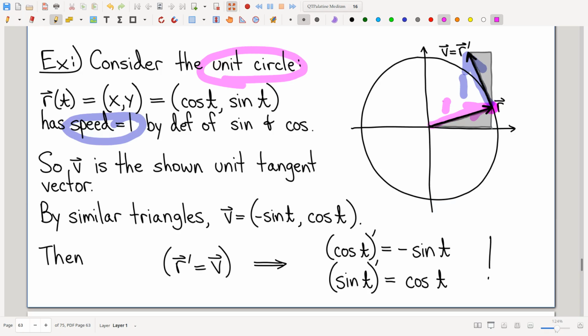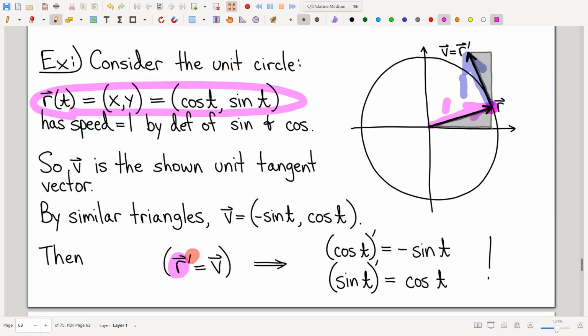Okay. All right, well, then what that tells me is if I look at the position vector, and if I take the derivative, when I take the derivative, I get the velocity.